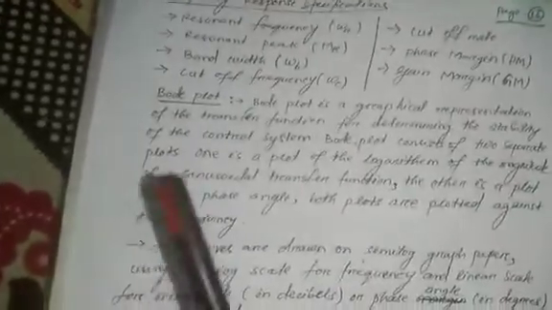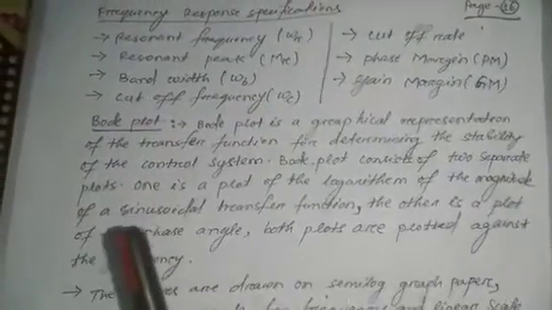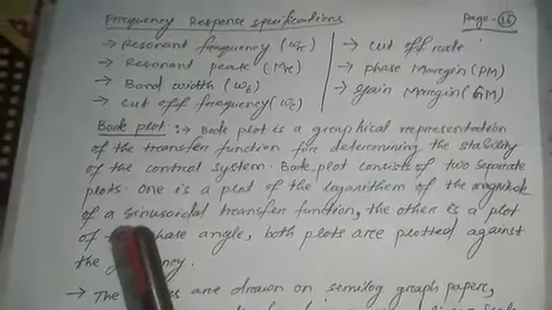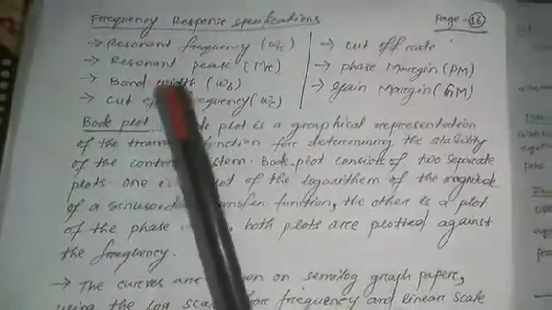But here I give some idea regarding frequency response analysis and plots. These things are not present in your network theory syllabus, but they are very helpful in control system engineering.